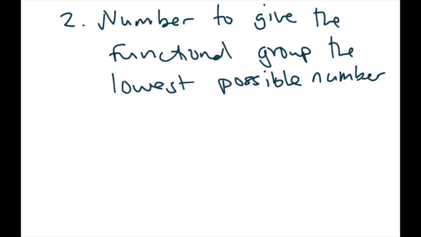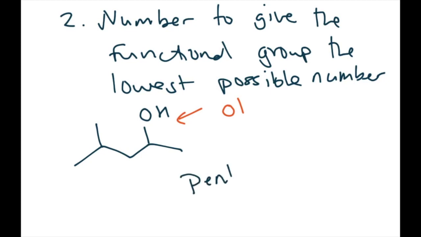So I'm going to do a lot more examples. I'm going to just tell you right now that the suffix for an alcohol is OL. So this is 5 carbons, so this is pentane. There's an alcohol, so it's OL, so it's pentanol. And there's a methyl group.